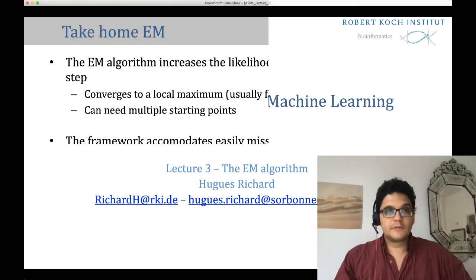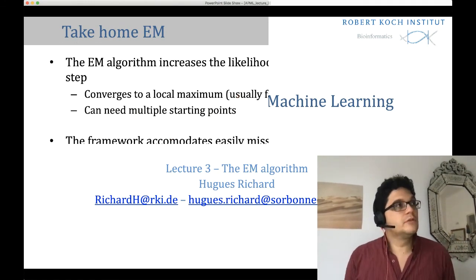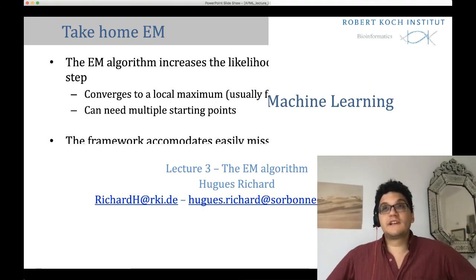What is really nice with this EM algorithm is that, as you saw, we just need to compute posterior probabilities of our missing data or of our latent variables, and then we maximize the conditional log likelihood, which is in a form really similar to a traditional maximum likelihood.